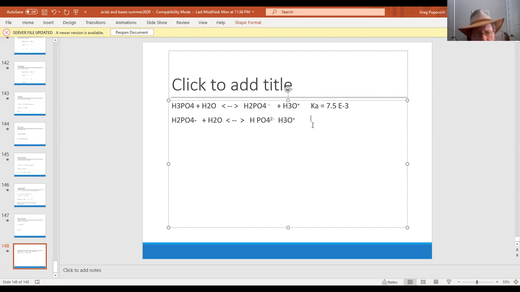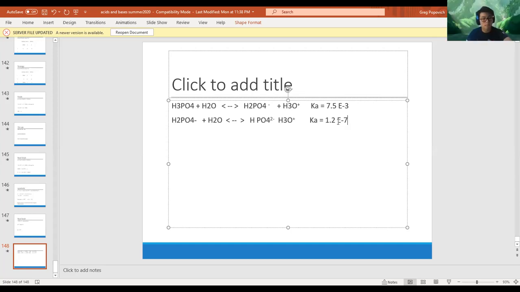Say, for example, this Ka would be something on the order of, say, 1.2 E to the minus 7th. Now, just looking at these two Kas, this one is an order of magnitude 4 times what the bottom one is, right?